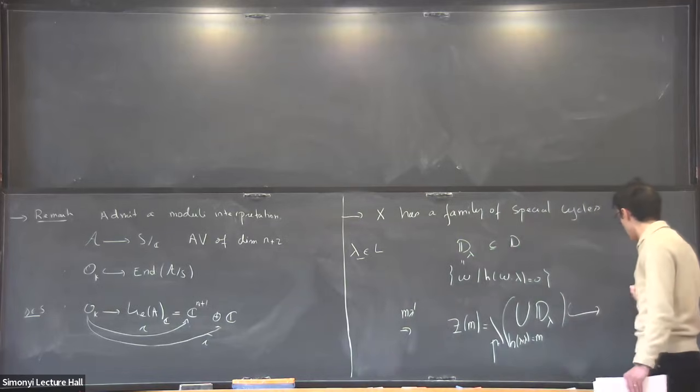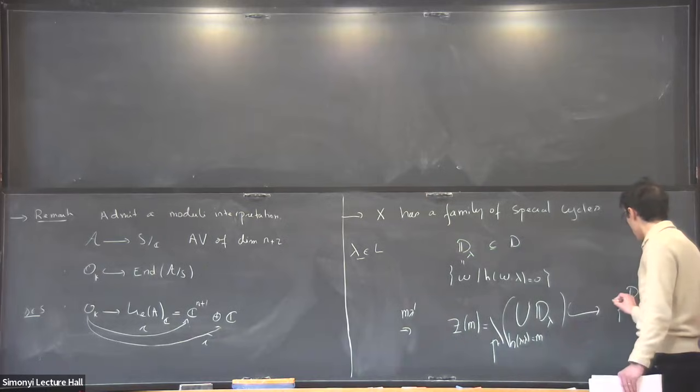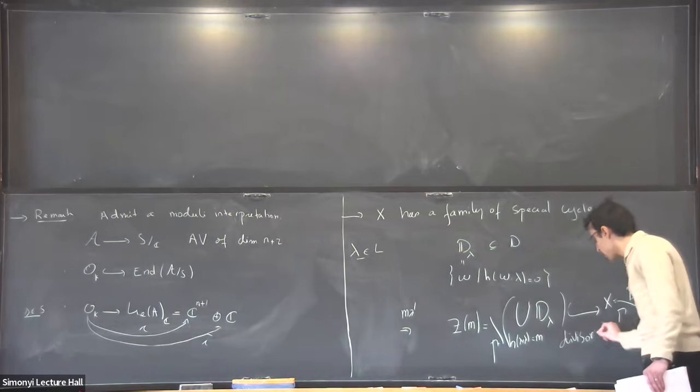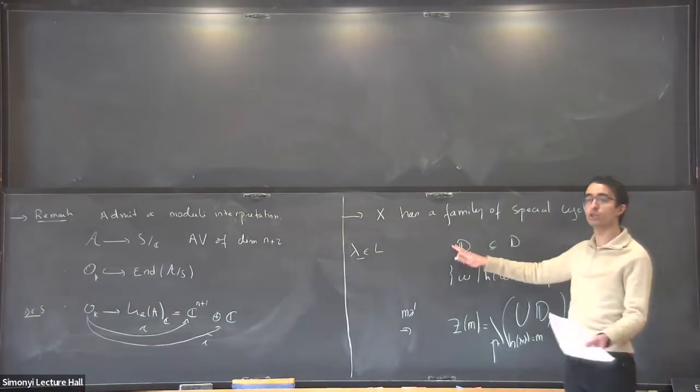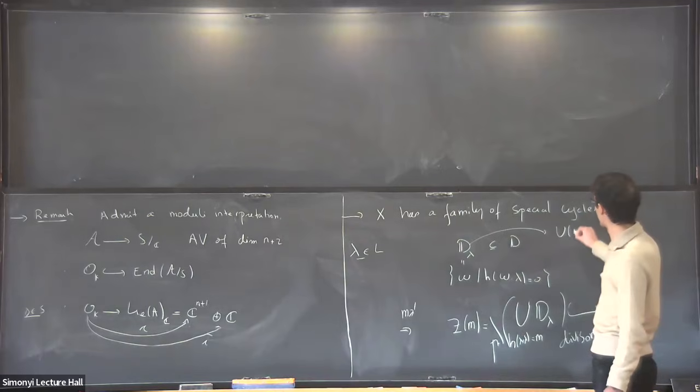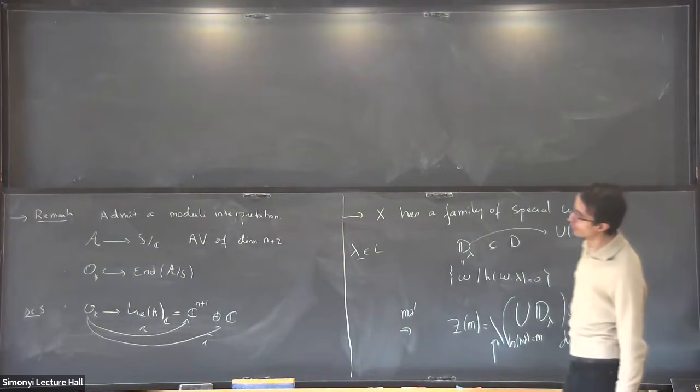This is a divisor in the Shimura variety D mod Gamma. In fact, each of these smaller D_lambda is defined using a smaller copy of the unitary group, U(n, 1).